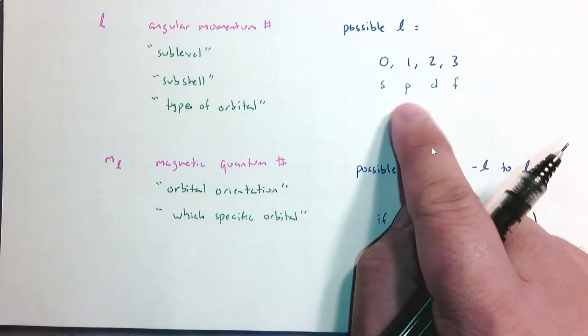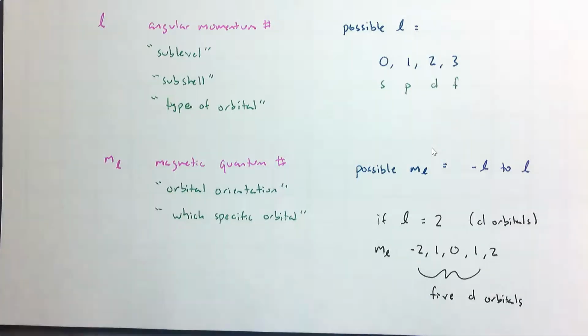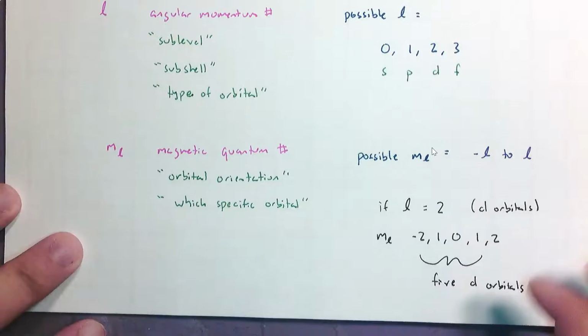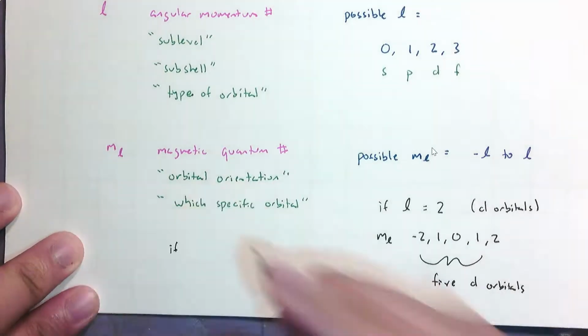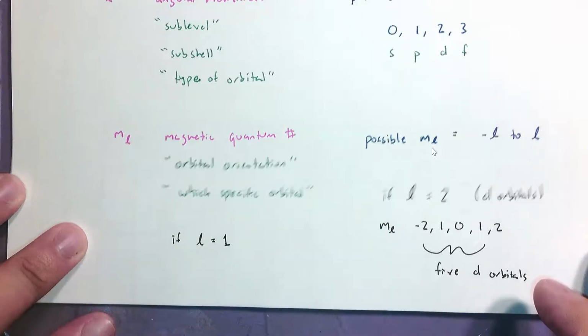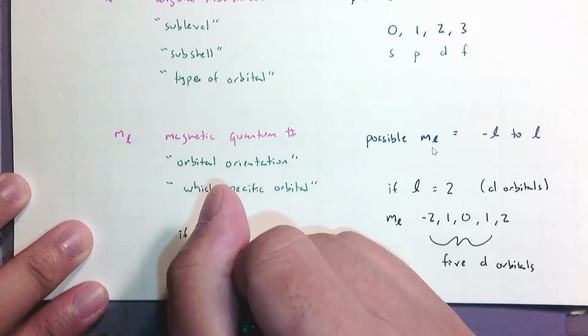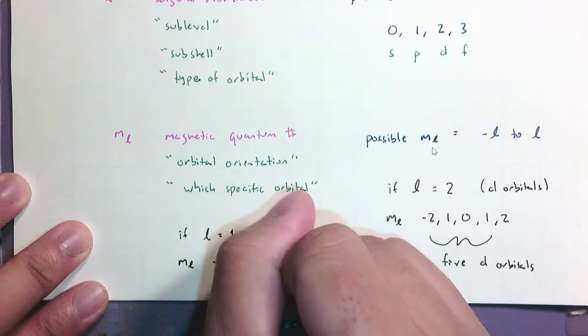That electron will have an L of 1 and an m sub l of either -1, 0, or 1. That's the p orbitals. I'll write that down here. If L equals 1, your possible m sub l's could be either -1, 0, or 1.